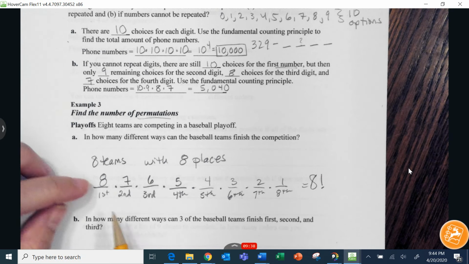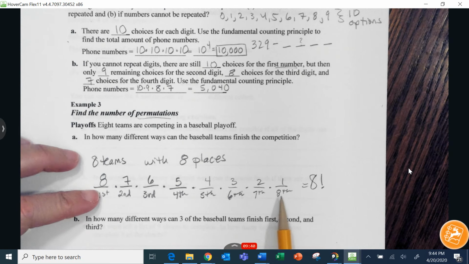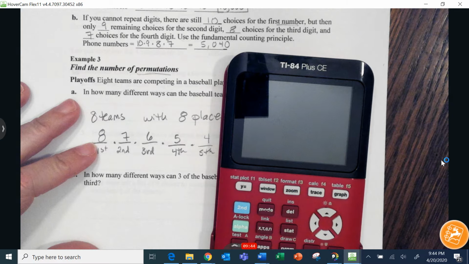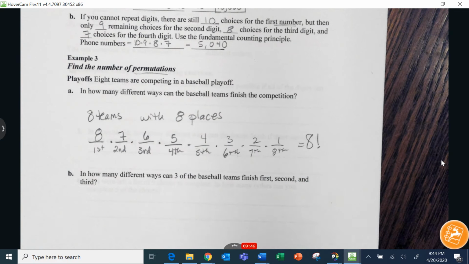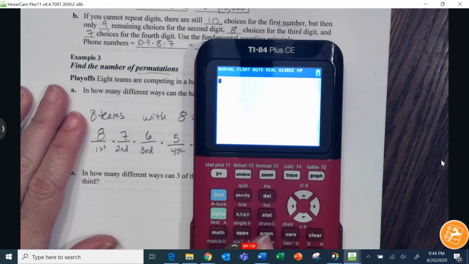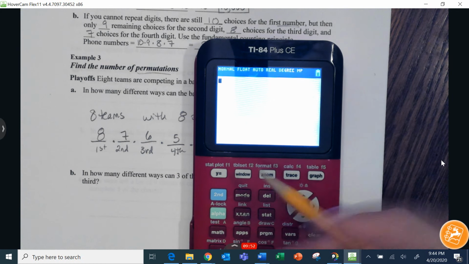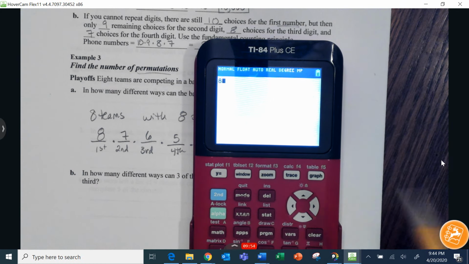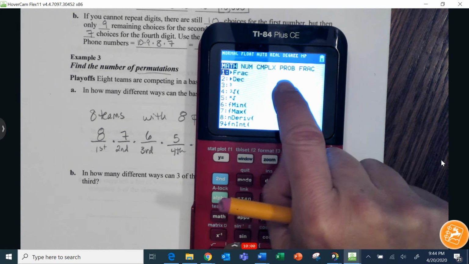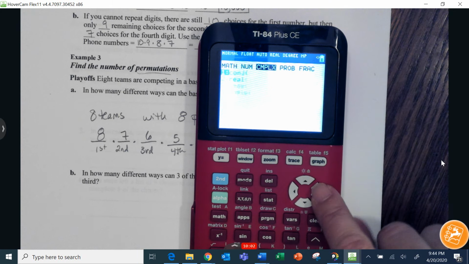So on your calculator, you can type all this in, but with a lot of times symbols it's easy to make a mistake, so I wanted to show you that we do have factorial on our calculator. You're going to have to type in the 8 first, and then you're going to go to math, which is right here. Then we're going to go over to probability, which is what we're studying right now.